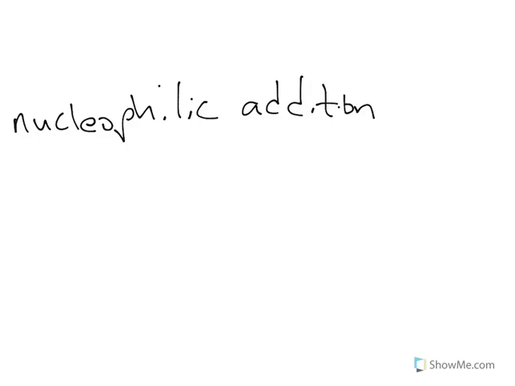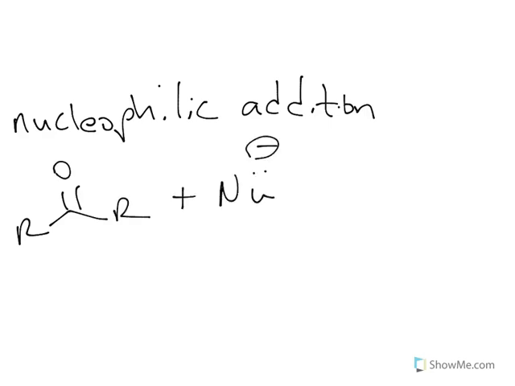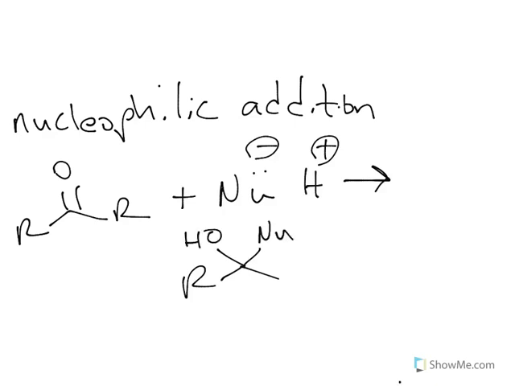This will be where we look at a compound such as a ketone, and we add a nucleophile to the carbonyl. So what we've done here is we've added the nucleophile to the carbonyl, so this is just simply nucleophilic addition.